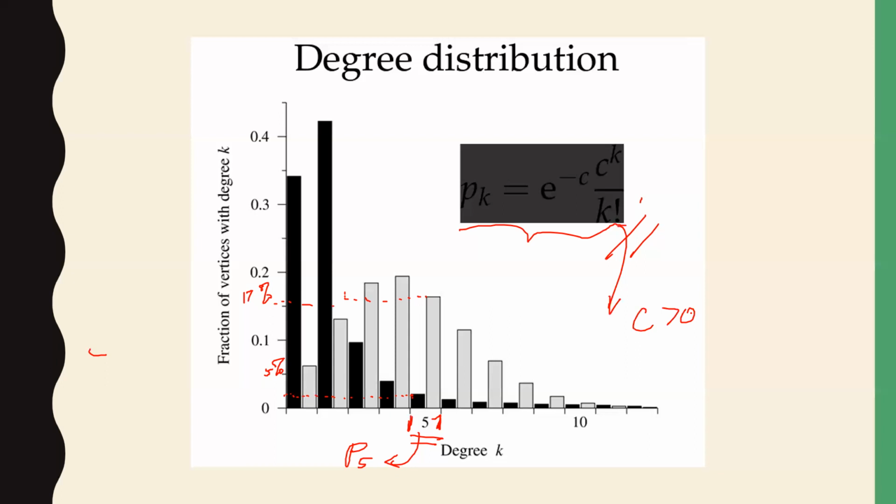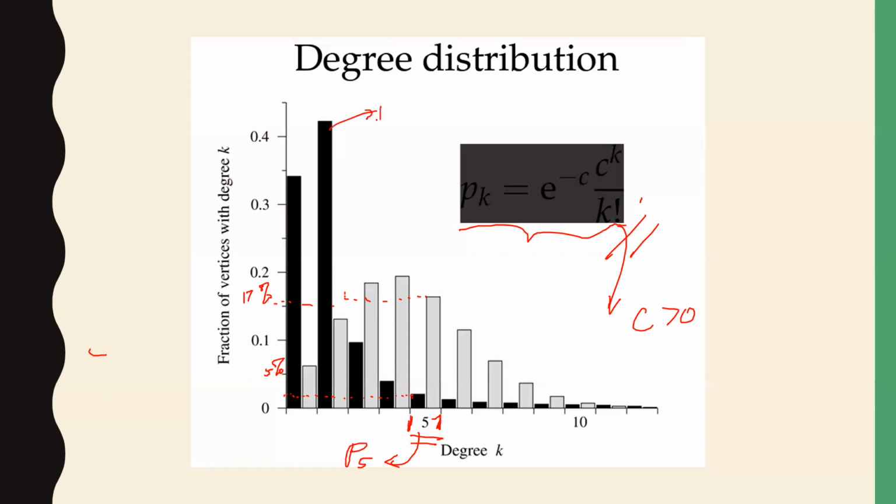Now, if I were trying to characterize the degree distribution of the black graph, I would note that the peak, the highest probability, happens at p sub 2.